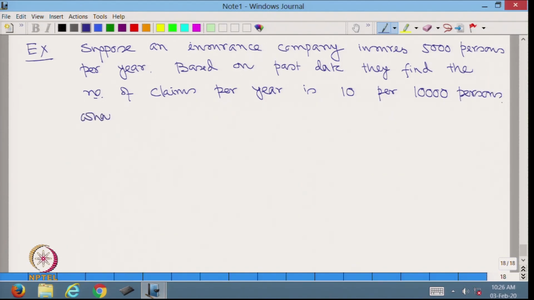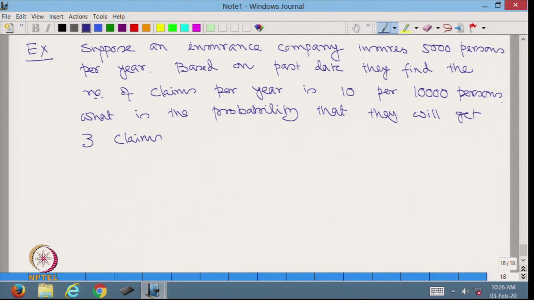What is the probability that they will get 3 claims out of the 5,000?